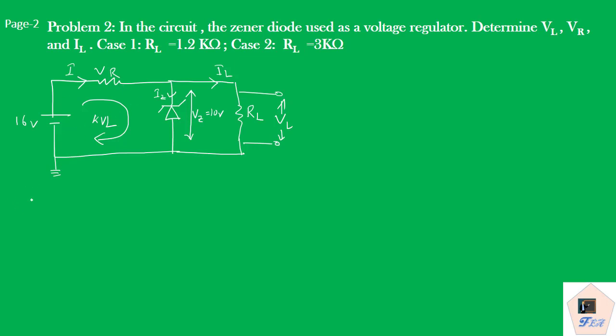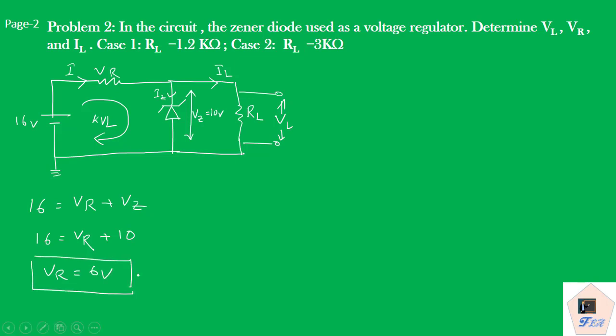So 16 is equal to VR plus Vz. Vz is given to us as 10 volt. So 16 is equal to VR plus 10. So VR we are getting as 6 volt. So first part is done.